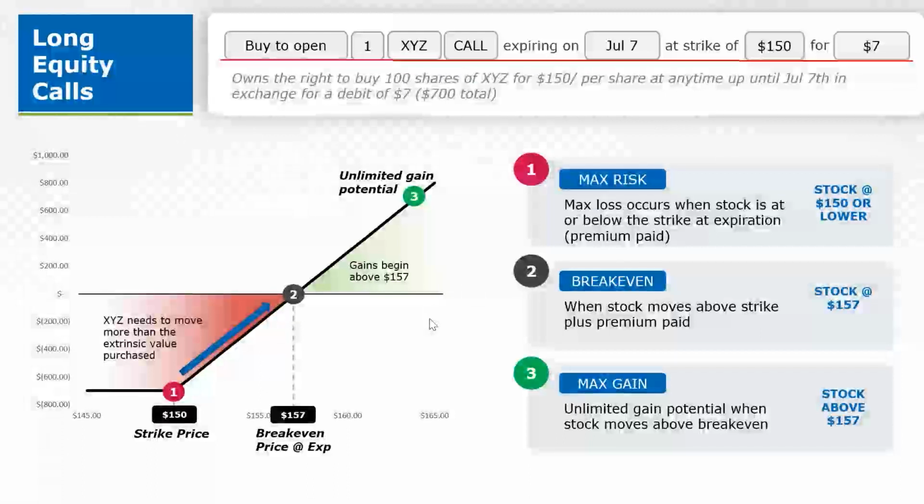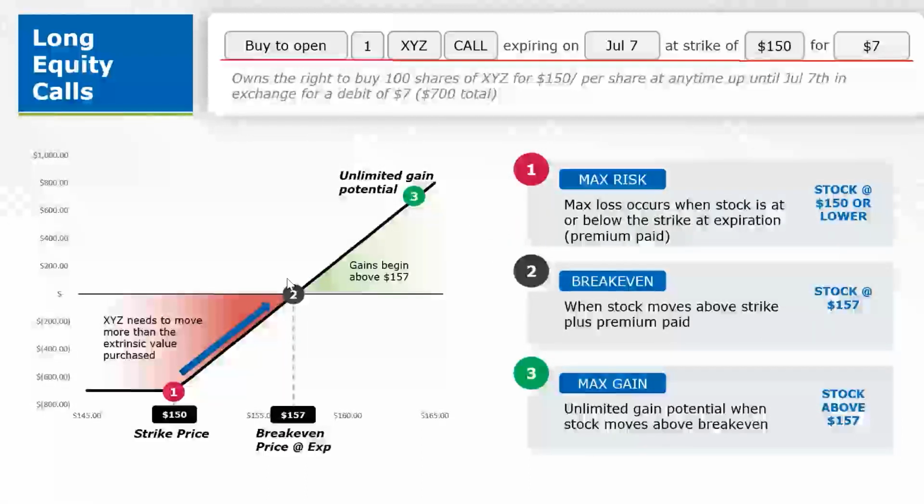So the higher the underlying price goes, or the higher XYZ moves, that premium will move higher on the option, and therefore you can sell to close the option at a higher price, generating a net profit. So yes, it does say you can exercise it, but most of the time people do trade the option to generate a profit from there because they don't really have the capital to purchase 100 shares of XYZ at $150 a share. That requires $15,000 worth of capital if they were to exercise.